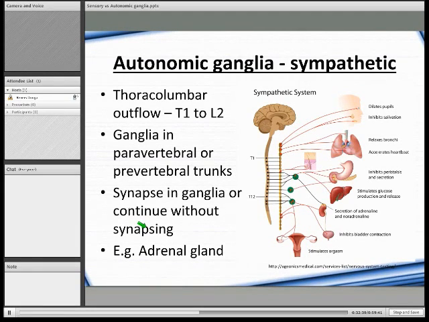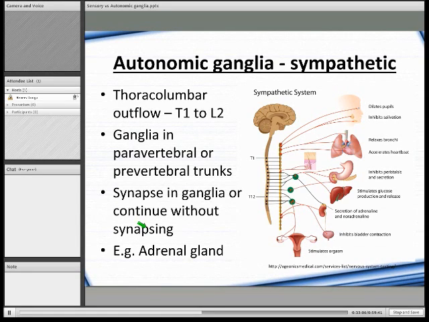In the sympathetic system, the preganglionic are the shorter and the postganglionic are the longer fibers, and this leads to the ganglion forming the paravertebral ganglion chain or sympathetic trunk. However, you do also get other ganglia in the sympathetic nervous system which are located between this trunk and the effector organs, and these are known as prevertebral or collateral ganglion.